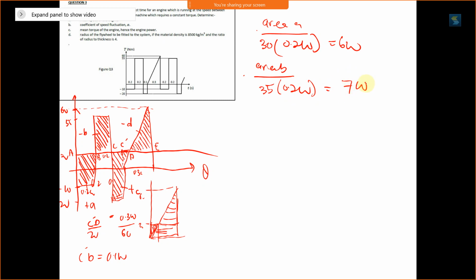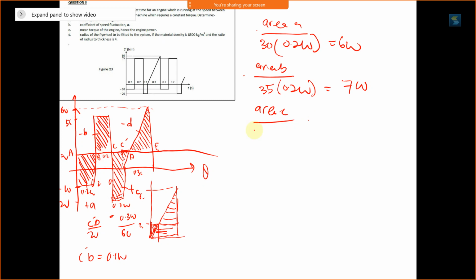And then area C. Area C dia ada dua dekat situ. First adalah yang rectangular, satu lagi triangle kan. So kita ada 0.1, and dekat sini berapa ni? 0.1 kan, 0.1 omega.